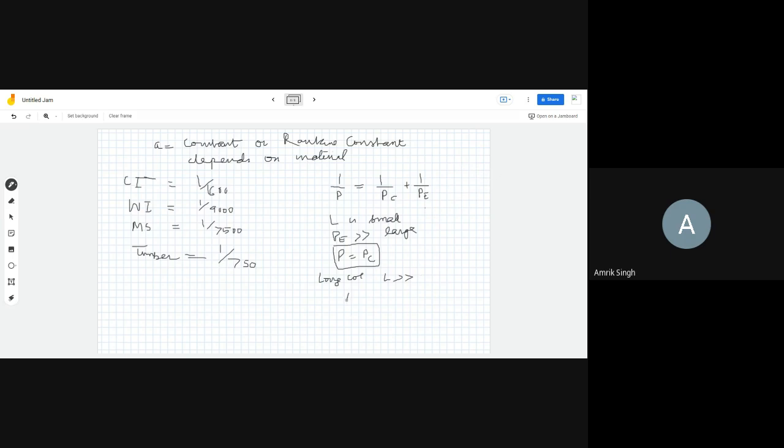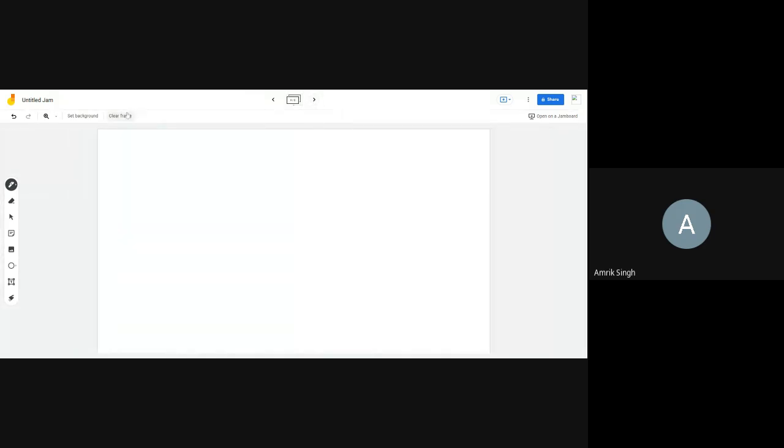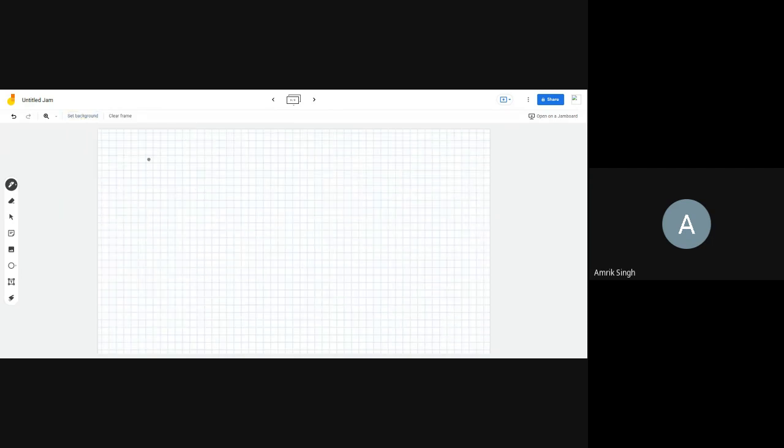So in this case, P will be equal to PE. That means this formula is valid for small as well as long columns. This is the Rankine formula, and numericals will be asked. One more formula is there, known as Johnson's formula.